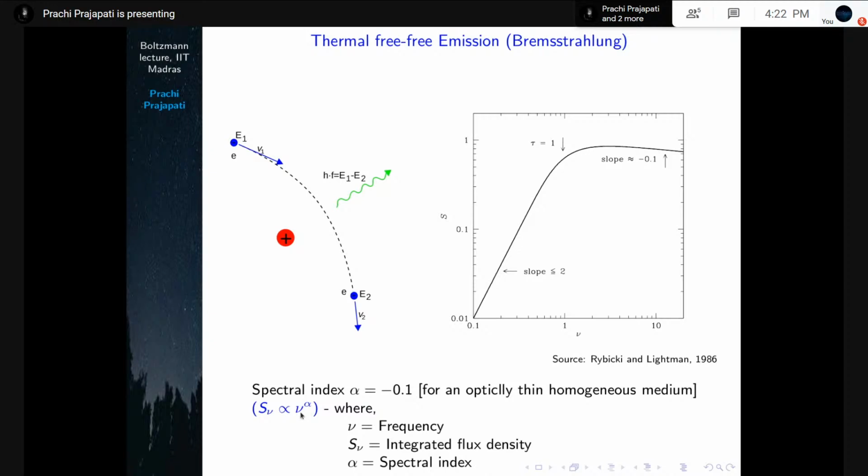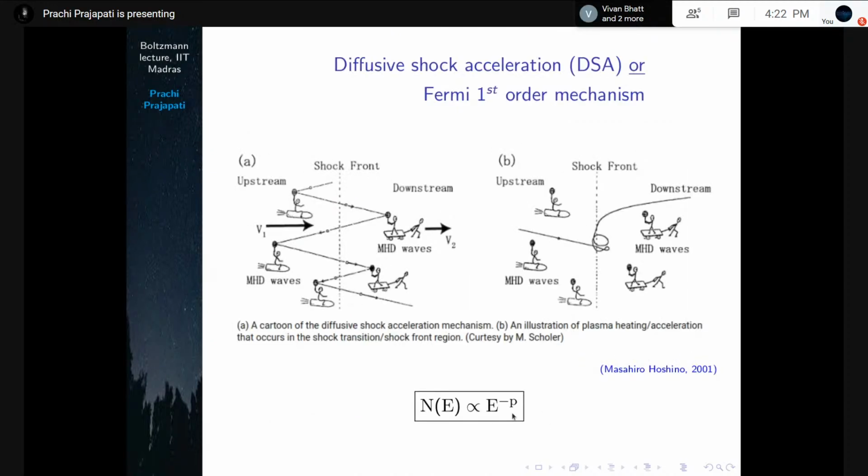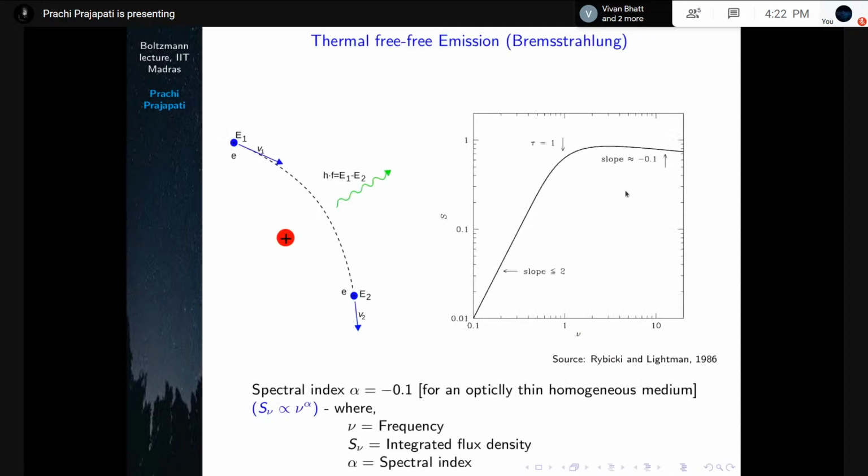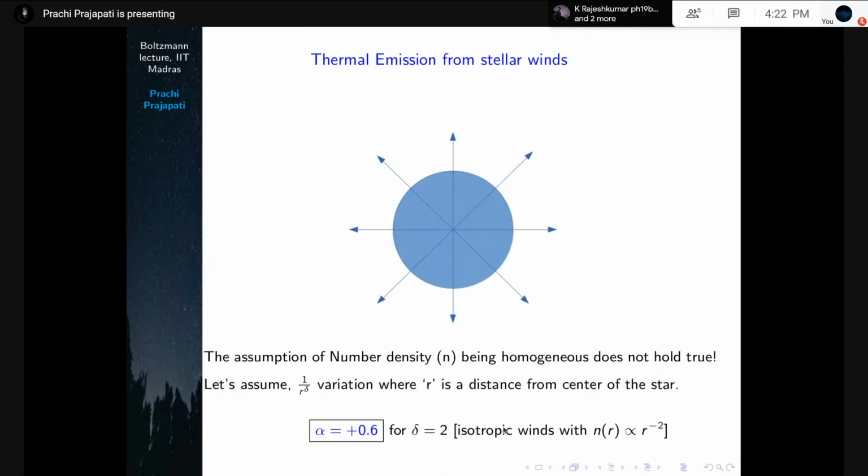This power law index is different from the earlier one: that was for N(E) versus E, and this is for flux density versus frequency. This alpha is the power law index, generally called the spectral index. We expect minus 0.1 to be the spectral index for thermal emission.